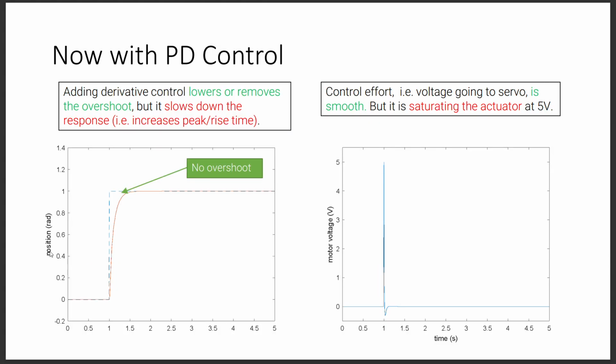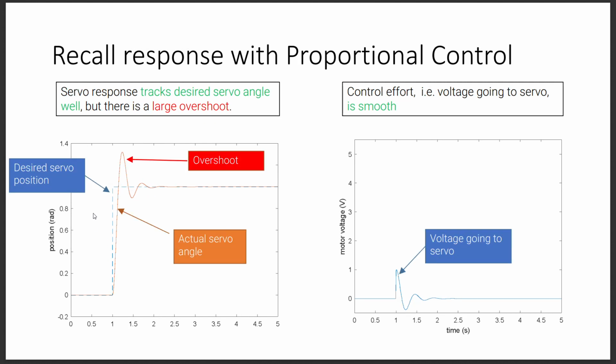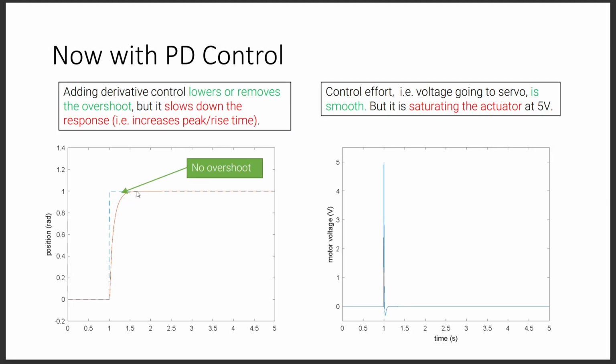Now using PD control, look at what happens. There's no overshoot. That's amazing. Adding derivative control lowers or removes the overshoot, but it slowed down the response. See, when we get to the final value, almost at 1.5, here it was at 1.1. So it slowed down the response.